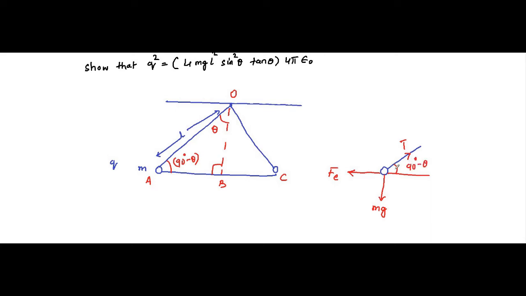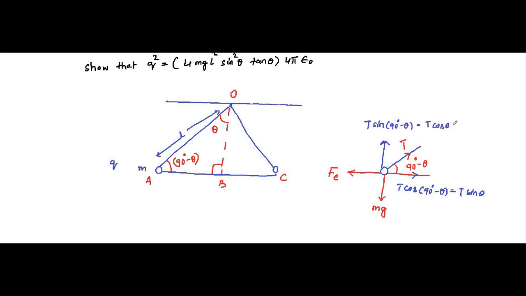If we resolve the tension force into two components, along the horizontal it is T cos 90 degree minus theta, which is equal to T sin theta, and along the vertical it is T sin 90 degree minus theta, which is equal to T cos theta.